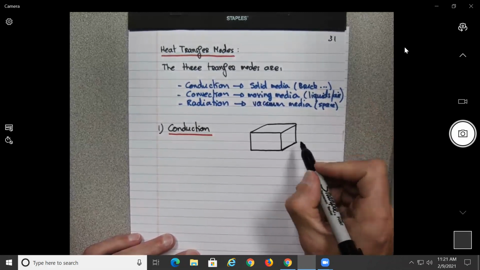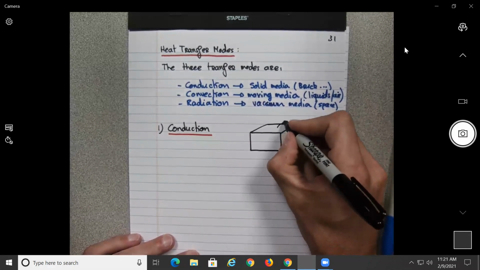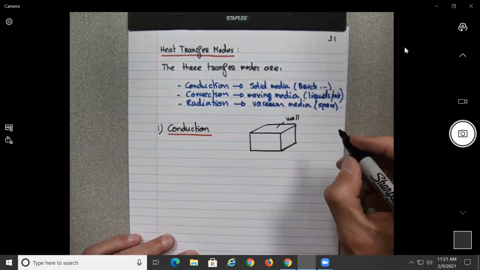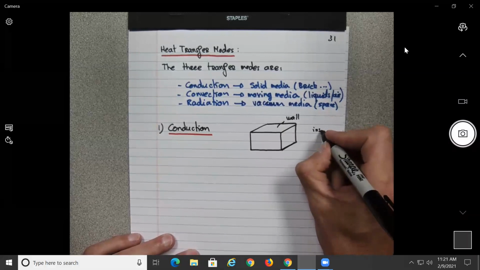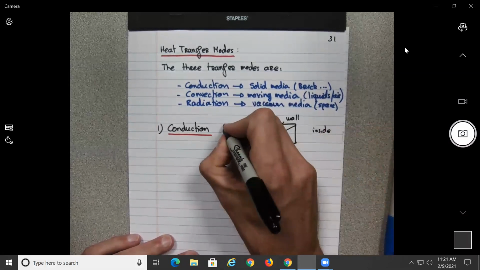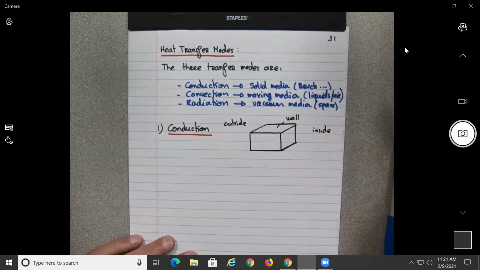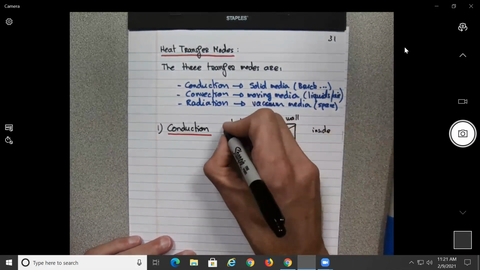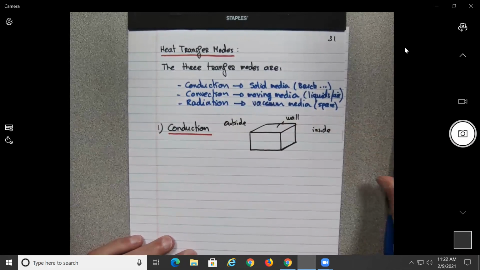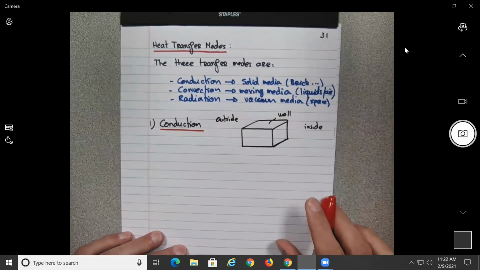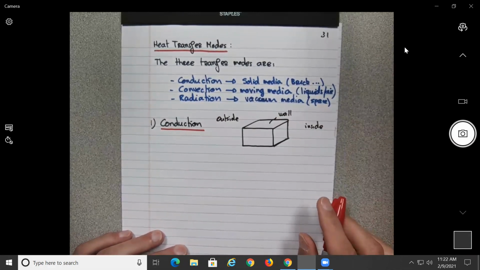Okay, so let's say this is the wall, let's say this is the inside, outside. Okay, so in this case we are in Florida, so the outside should be hotter than the inside, no?